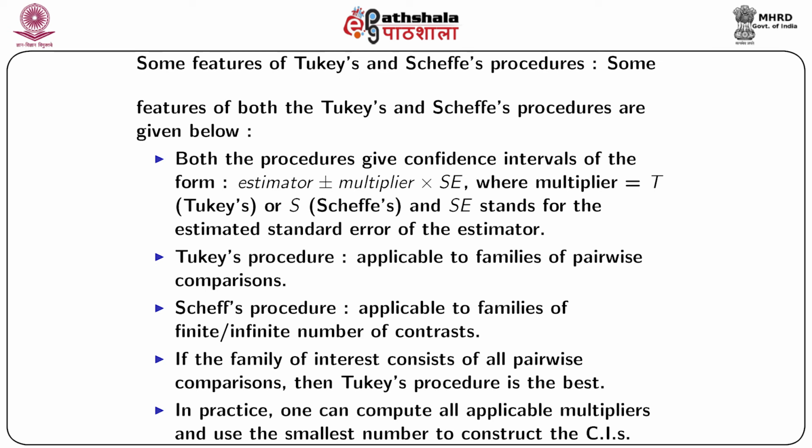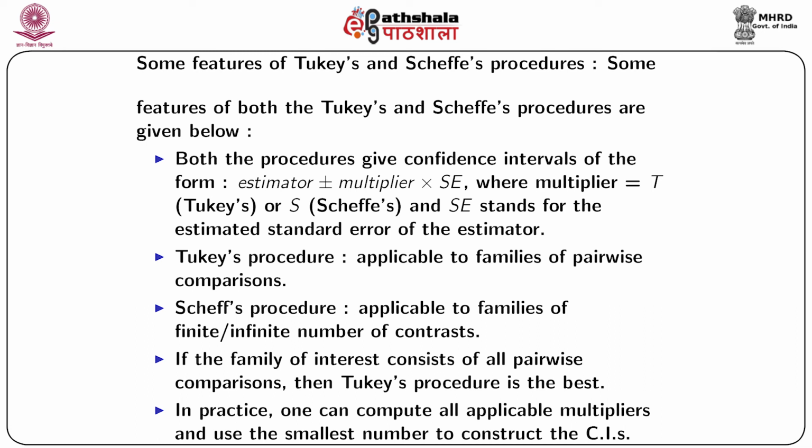And in the case of Tukey's, it was given by T equals q(1 minus alpha; r, n_T minus r) divided by root 2. So we can also look at Tukey's procedure. This is applicable to families only for pairwise comparisons.